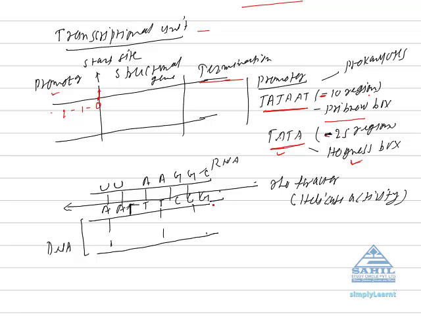Suppose this strand of DNA has to be transcribed. First, what will happen? RNA polymerase enzyme will bind to the promoter region. After binding to the promoter region, RNA synthesis is started by sigma factor. Sigma factor adds the first base according to the base pair rule.